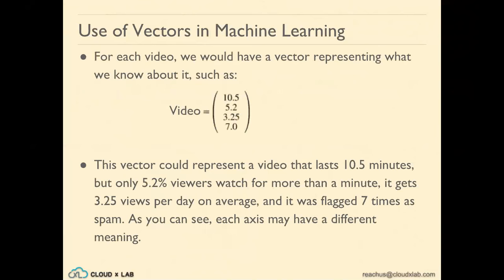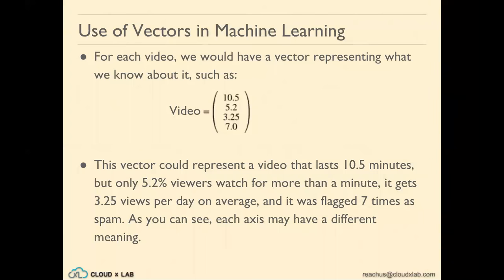A vector could represent the length of the video, how many percent of people are watching it for over 1 minute, that it gets 3.25 views per day on average, and that it was flagged 7 times as spam. As you can see, each axis may have a different meaning.